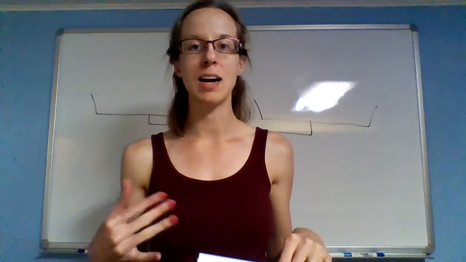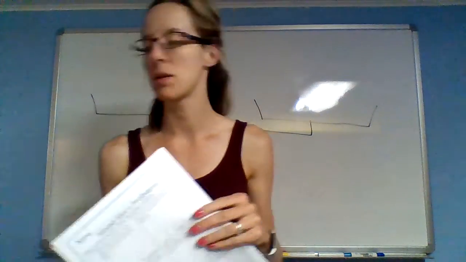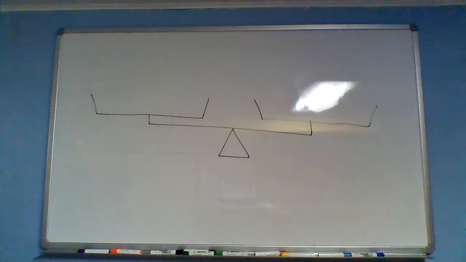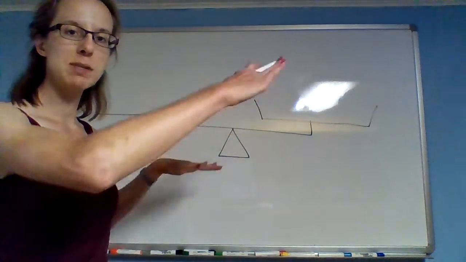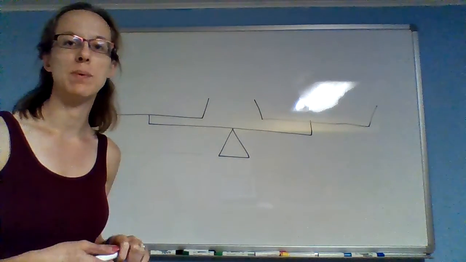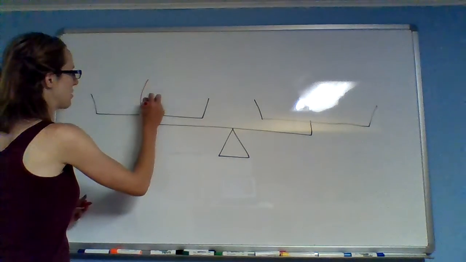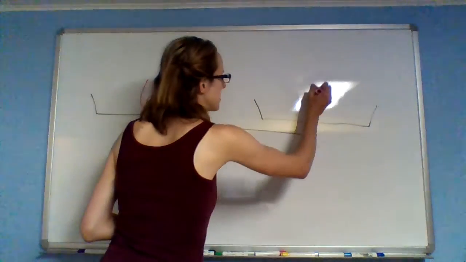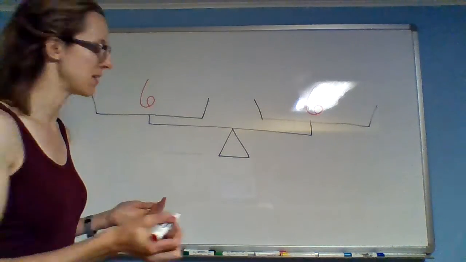What I want to spend time in today's video going through is actually what your digital activity is going to be, which uses a balance like the one drawn on the board behind me. What a balance does is it balances on a point and it tips back and forth depending on which side is heavier. So if I put the same amount on each side, 6 and 6, my balance will be perfectly even.